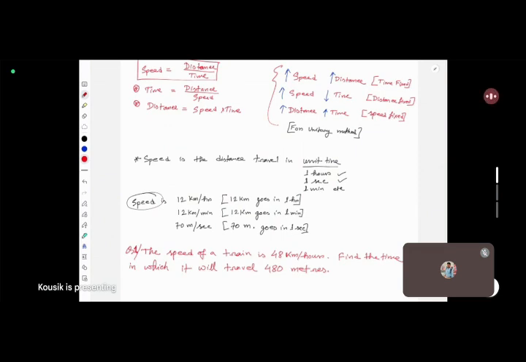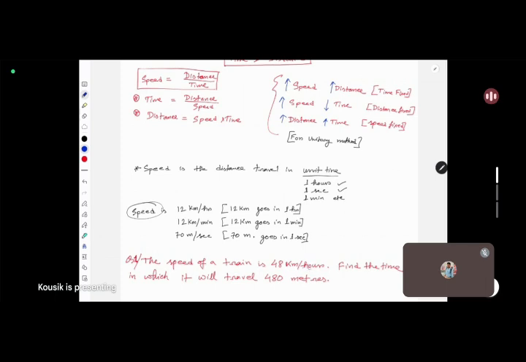Remember that don't follow this formula because the unit is not same here. Here the unit is meter and here the unit is kilometer. Two units are different. So if units are different, don't apply the formula.